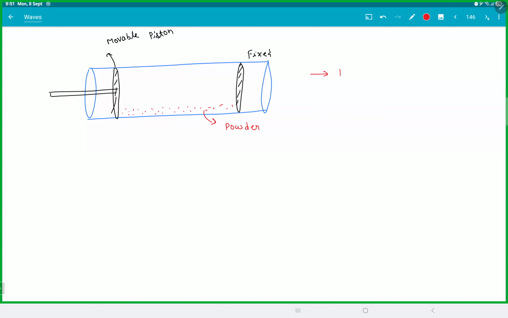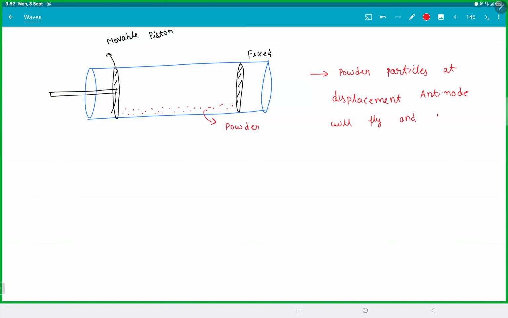So the powder particles at displacement antinodes will start flying up, will fly and get accumulated at nodes.